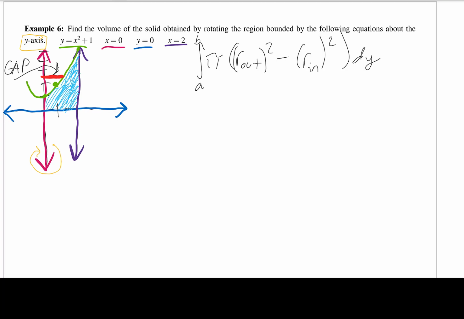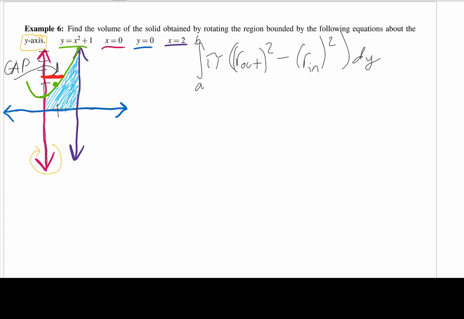So it's going to be the distance between the plum line and green, which is going to be the distance between something that sits on x equals 0 and something that sits on y equals x squared plus 1.